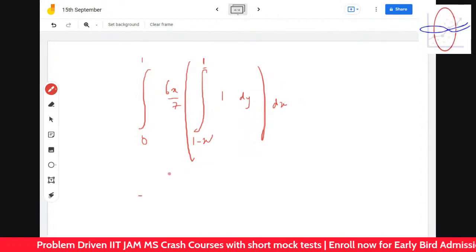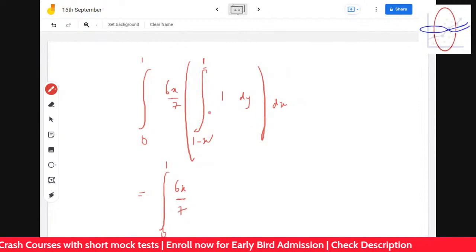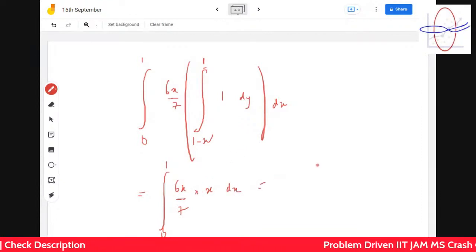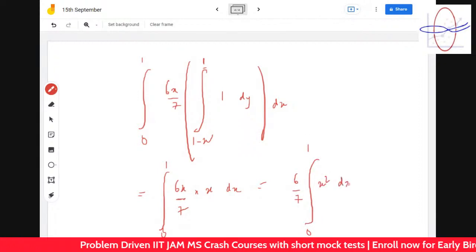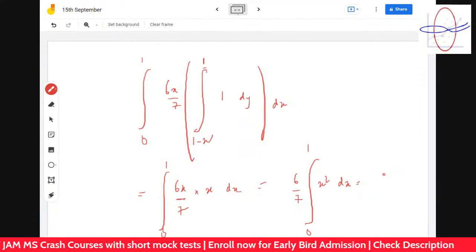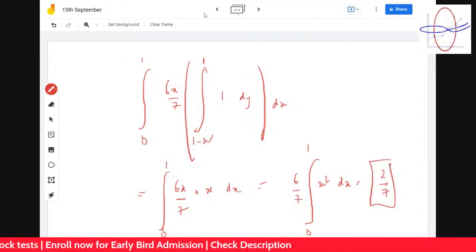What we get is very easy: integral from 0 to 1 of 6x by 7, and the inner integral is just the length, 1 minus (1 minus x), that is x, into x dx. So you get the integral from 0 to 1 of 6 by 7, taking it outside, 6x square dx. So you get x cubed by 3, 1 by 3, so you get 2 by 7.